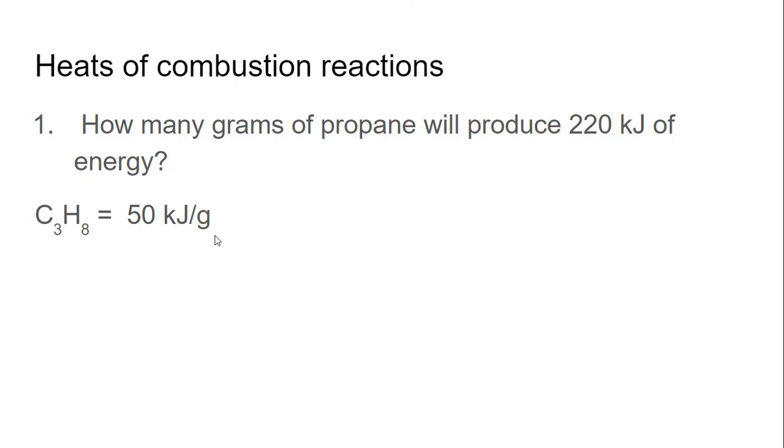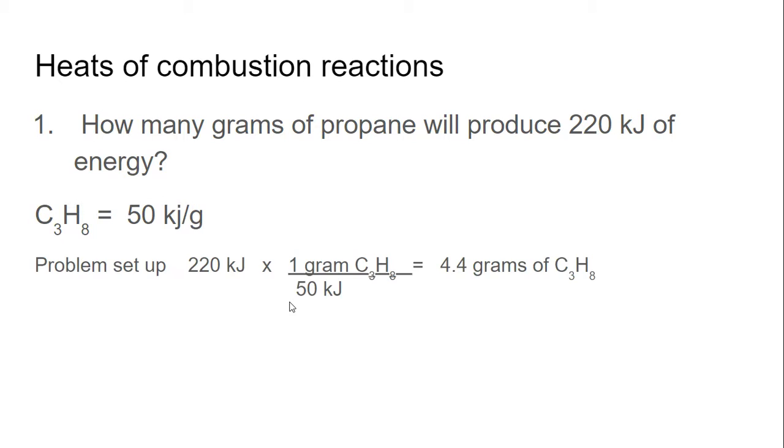So there's our 50. We are going to want to know how many grams it would take to get to 220 kilojoules. Well, for every 1 gram, you get 50. For every 2 grams, you get 100. For every 3 grams, you get 150. You kind of see how that works. So then when we set up our problem, we're going to have 220 kilojoules.